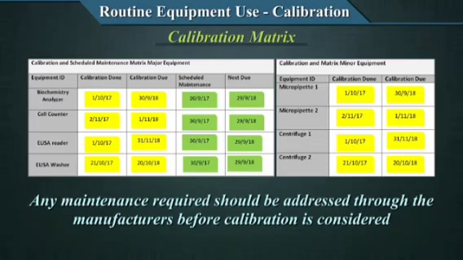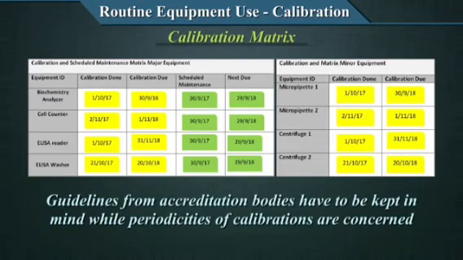And coming back to the duration of calibration, again, you can do the periodicity as we had talked about in earlier slides. Guidelines from accreditation bodies, we said that also earlier, have to be kept in mind while periodicities of calibration are concerned. The dates shown in this particular example are only dummy examples and not really how it is.